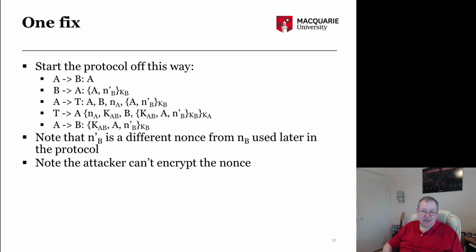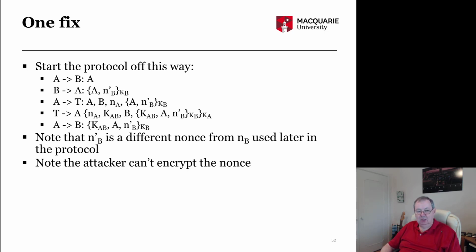So Alice then gets that back. She can decrypt the entire message, get out the nonce NA, check that it matches what she generated previously, get out the session key, get out Bob's name, and get out the ticket, and she can then turn around and just send the ticket to Bob.